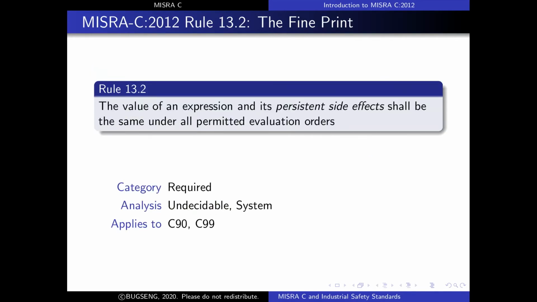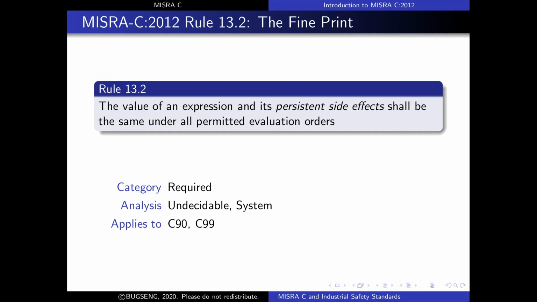Okay, the last rule I will present has to do with unspecified behavior. It says the value of an expression and its persistent side effects should be the same under all permitted evaluation orders.